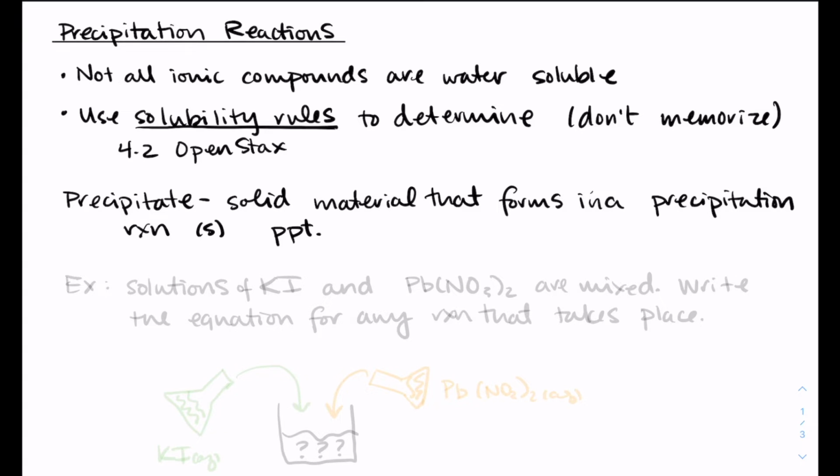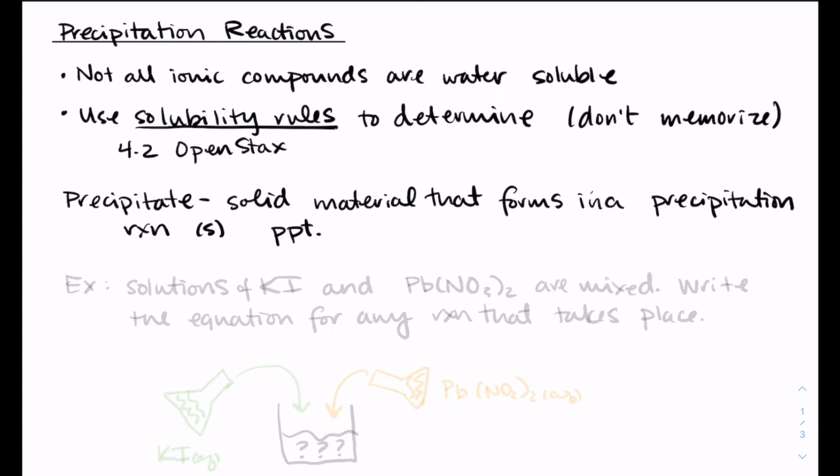You might see chunks of the solid falling out of solution. You might even see a gas. We have some examples toward the end that are special cases where you don't get a solid as a precipitate.